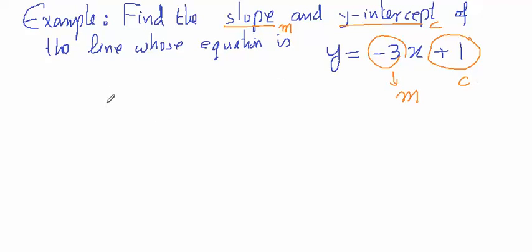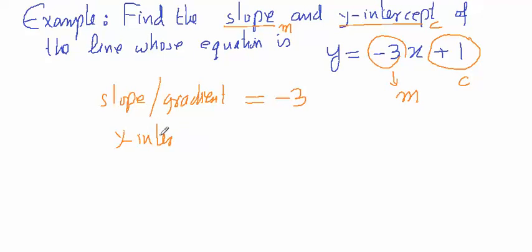So it means that the slope, or we call it gradient, is negative 3, and the y-intercept is 1.